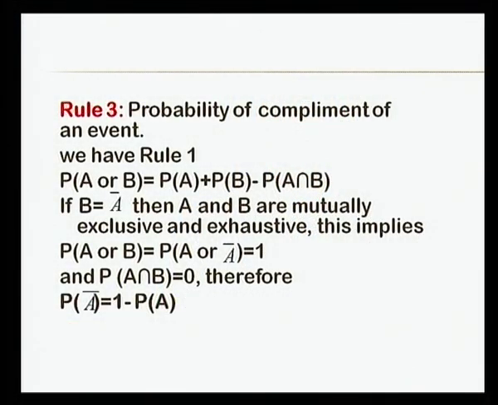Now, the next rule is about the probability of the complement of an event. Now, we have rule 1 as probability of A or B is equal to probability of A plus probability of B minus probability of A intersection B. Now, in this rule if we take B equal to A bar, then A and B are mutually exclusive and exhaustive events, because by definition A intersection A bar will always be a null set.